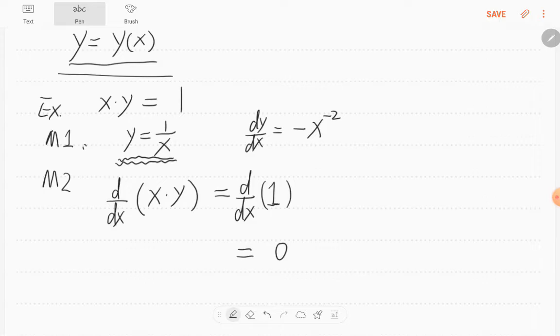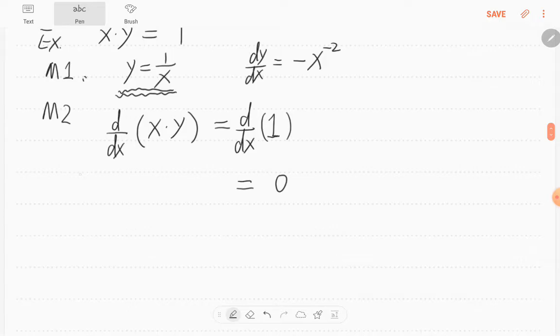The left side is x times y. Remember, y is a function of x, so this is a product of two functions: one is x, the other is a function of x denoted by y. So we have to use the product rule: the derivative of the first function times the second function plus the first function times the derivative of the second function.